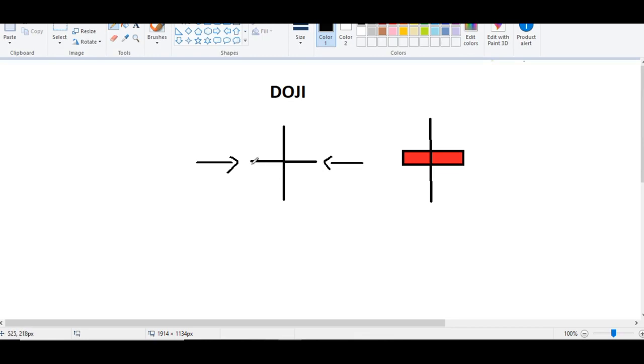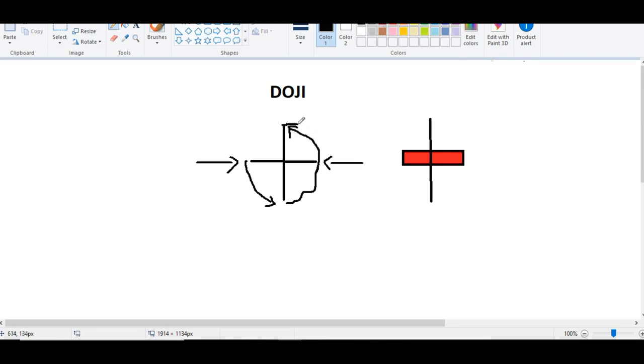Why is that? Let's say it opens here and it starts to go down. Bears, the sellers, push the price down, and so now the bulls, the buyers, take the price higher, all the way till this level.